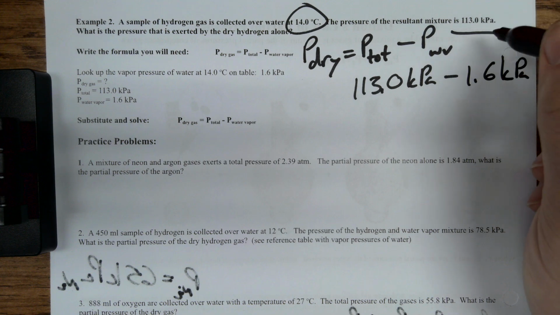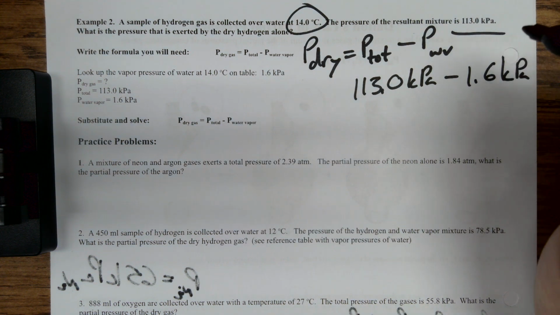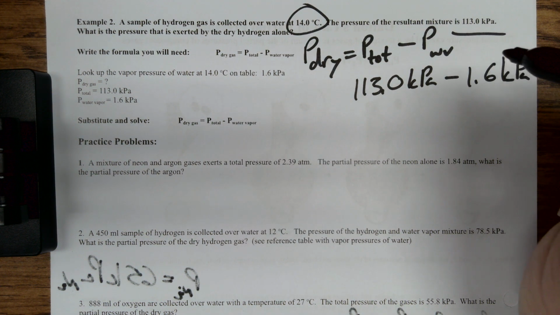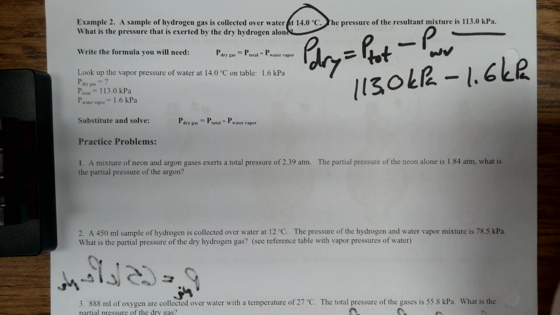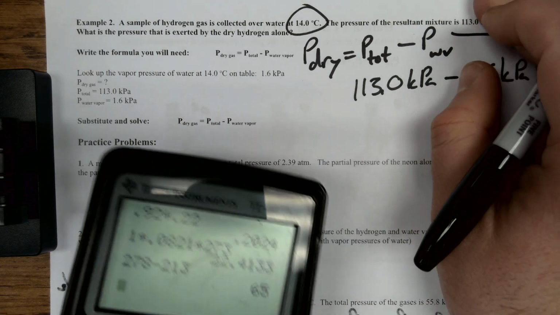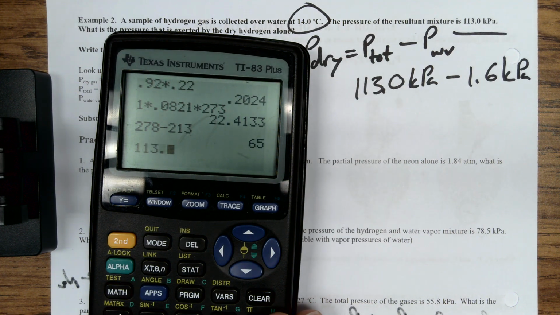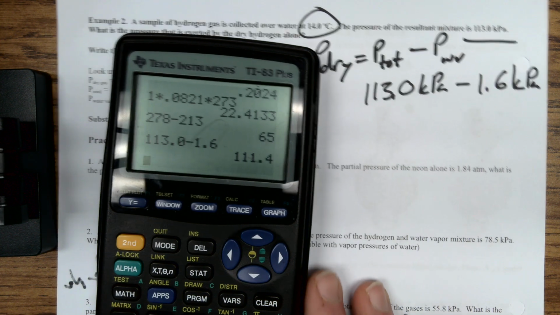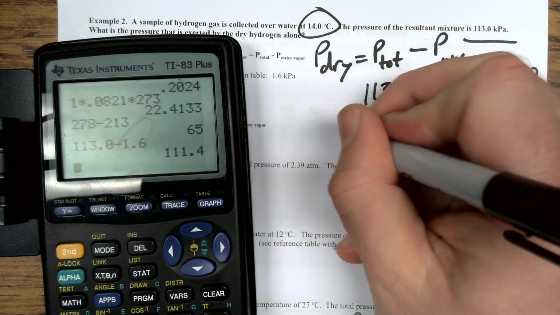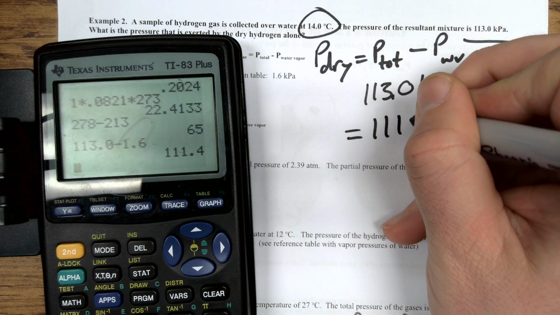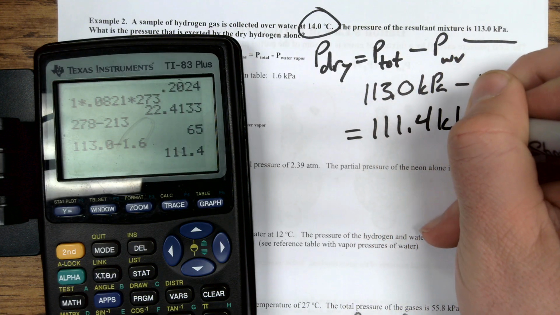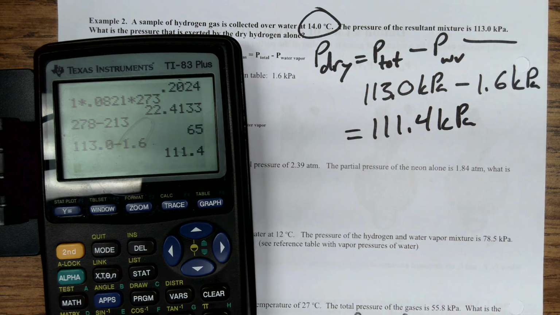If you're not given the water vapor pressure, you will be given a way to calculate it, mostly through a graph table. So let's take out my calculator. 113.0 minus 1.6 equals 111.4 kPa. Is that my final answer?